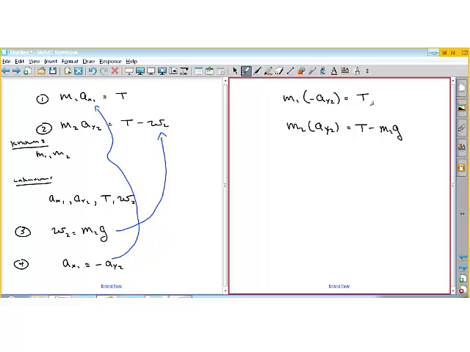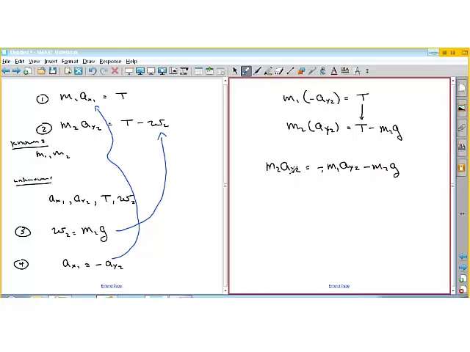I've already solved for T, so I can substitute it in. So m2 a sub y2 is equal to negative m1 times a sub y2, minus m2 g. The only unknown I have now is the acceleration of the object falling down.